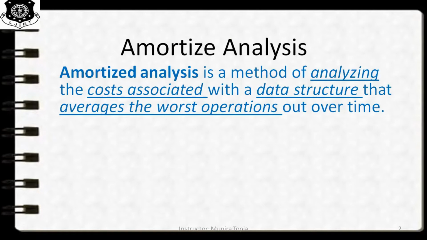Again, to buy a second pen, you get 10 rupees, but you spend only 5 out of that. Likewise, over a period of time, you have saved some amount. Using that saved amount, which is very large, we can buy some expensive item also by saving that extra money. So basically, amortized analysis is the same.